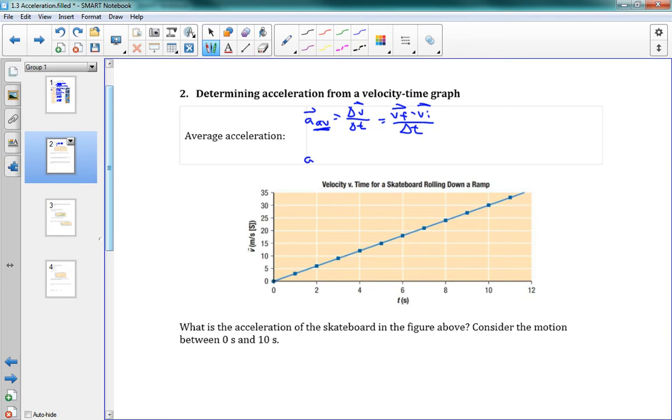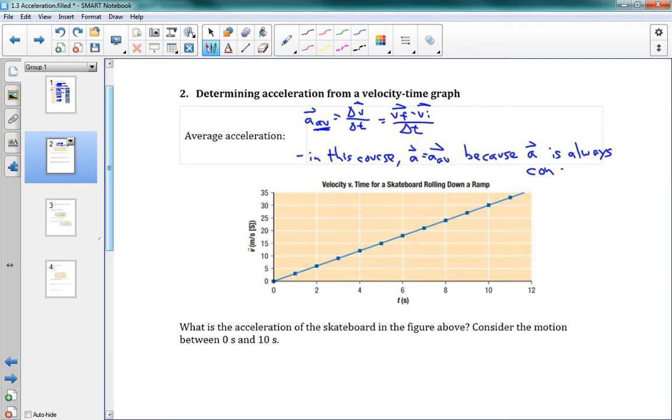That's because in this course, a is always going to be the same as a average, because in this course we're only ever talking about constant acceleration.